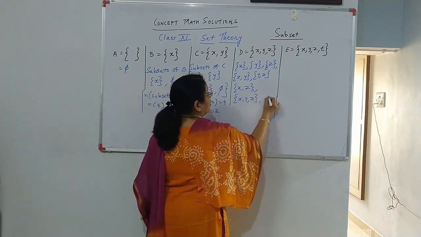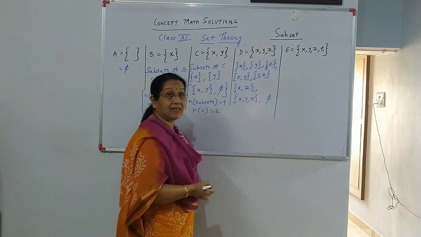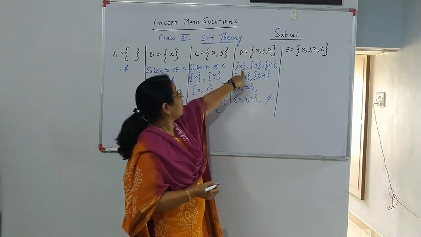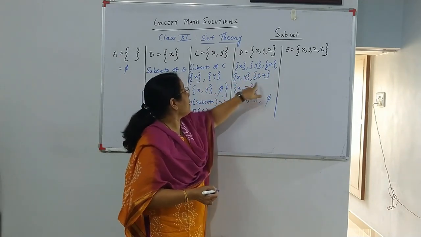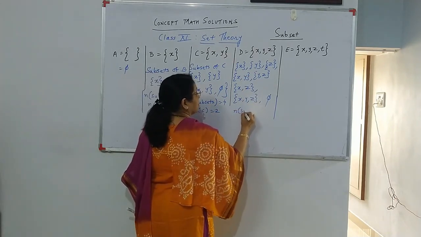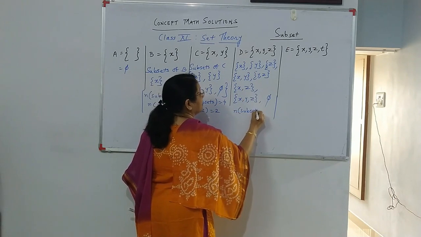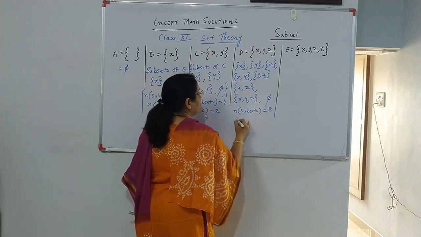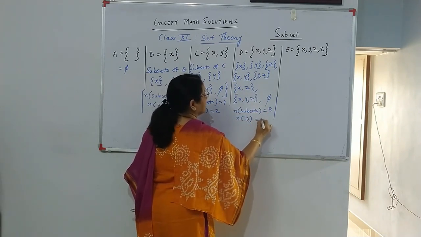Yes, and you all know phi, the empty set, is a subset of every set. That is 1, 2, 3, 4, 5, 6, 7 and 8. Number of subsets is 8 in this case, and number of elements in D is 3.